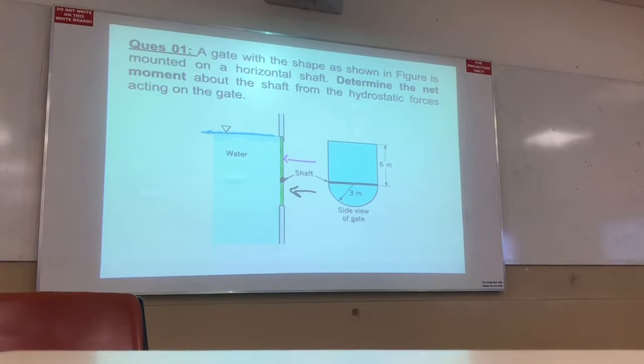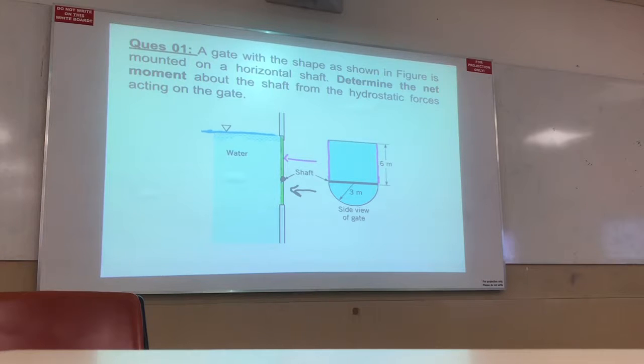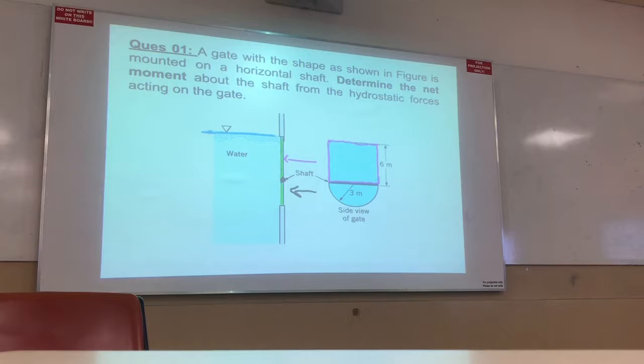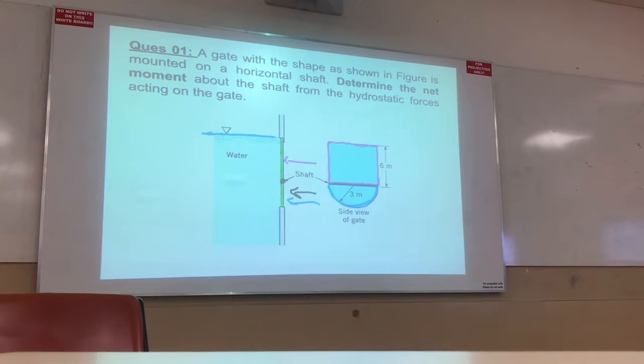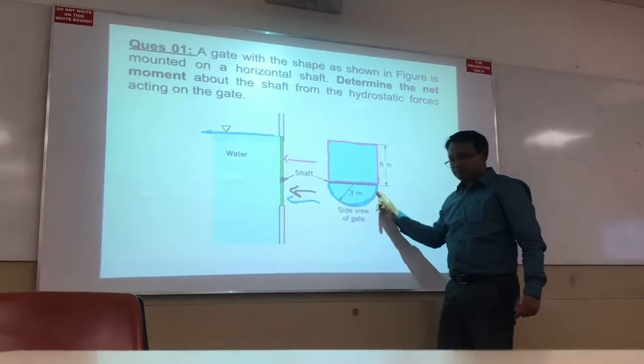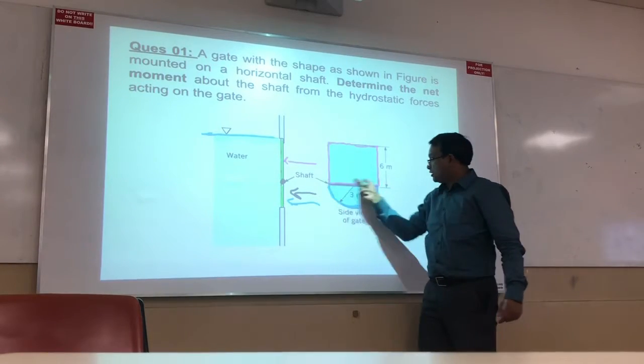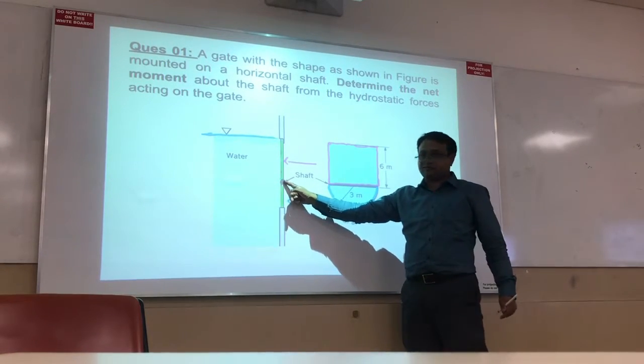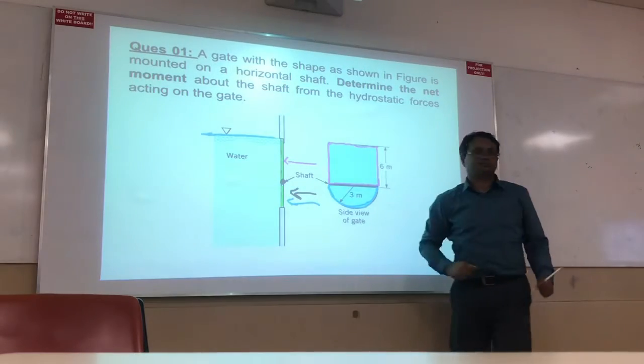This portion is a rectangular shape. Alright, this is a rectangular shape, and that portion is a semicircular shape, the blue one. Alright, so this is the understanding. This portion is something like this, and that one is something like this, and this indicates the shaft. Like this.